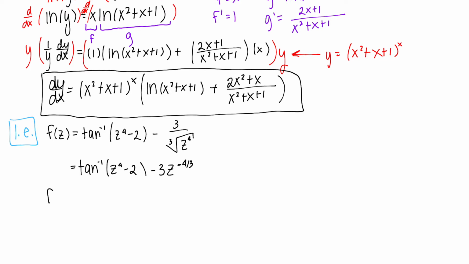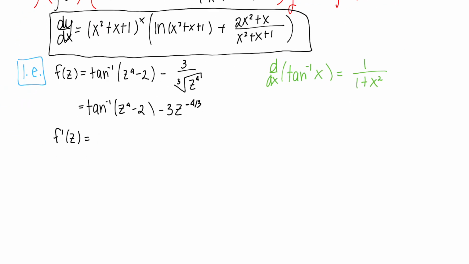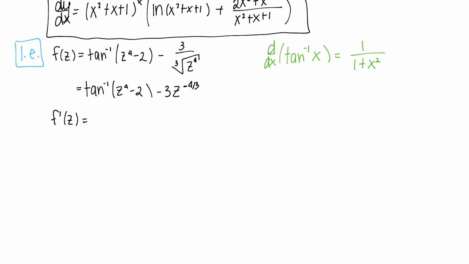For the derivative, as a reminder, the derivative of tan inverse of x is 1 over 1 plus x squared. In this case, we're going to have to do chain rule here.